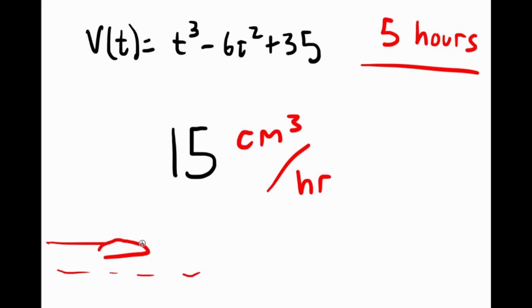Ugh, this is an awful drawing. We're basically trying to find out how fast it's changing at a given amount of time, or at once, which we're going to get into later on.